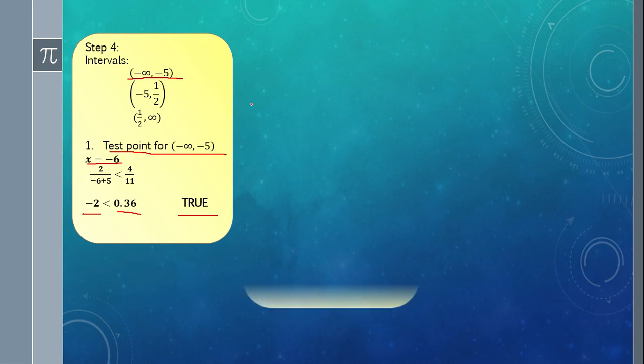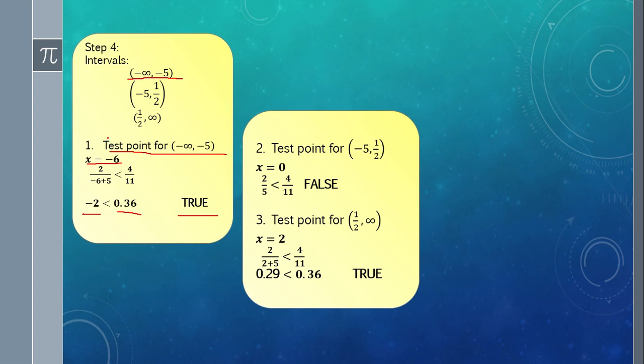So that is true. How about for the second interval? We have negative 5, 1 half. So we will get a point that belongs to that interval, and 0 belongs to the interval negative 5, 1 half. And again, if you might be asking, sir, can we have any number in the interval? Yes, you can have negative 4, negative 3. I mean, not 1. 1 is not included because I forgot that we have 1 half there.